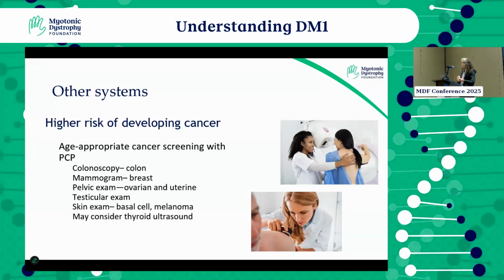What that means is screening that the general population will undergo, such as colonoscopies for colon cancer, mammograms for breast cancer, pelvic exam for ovarian and uterine cancers, testicular exam, skin exam, which can be done with a primary care provider or a dermatologist looking for skin cancers such as basal cell carcinoma or melanoma.